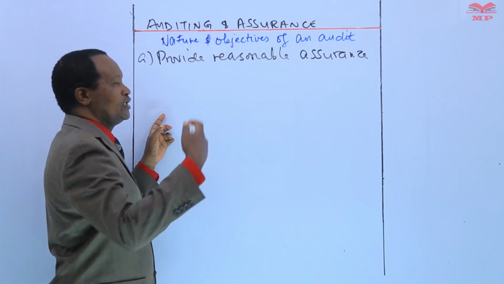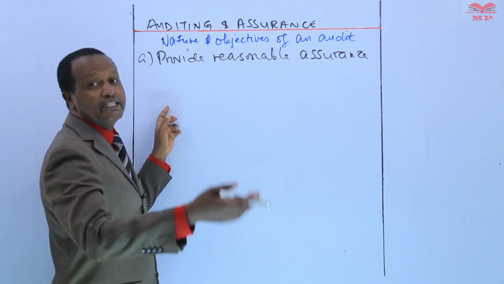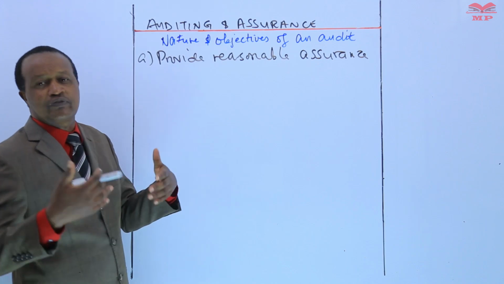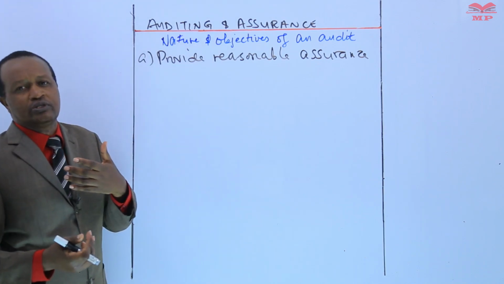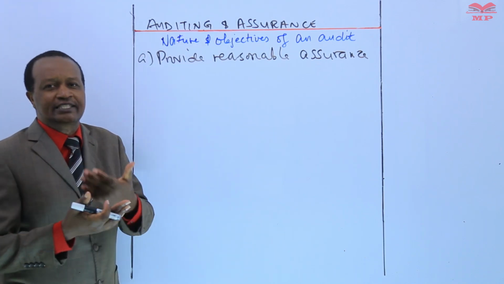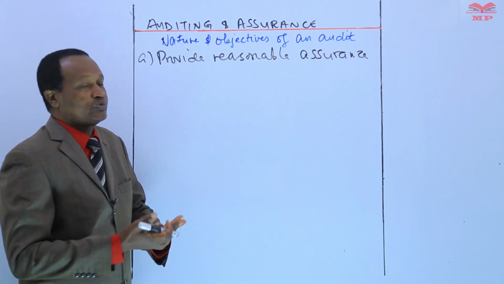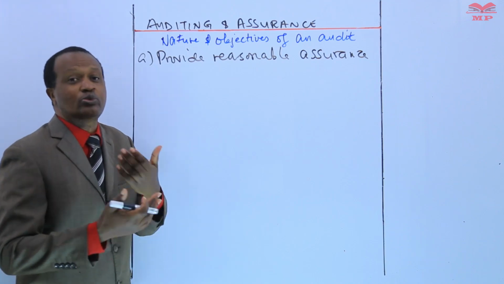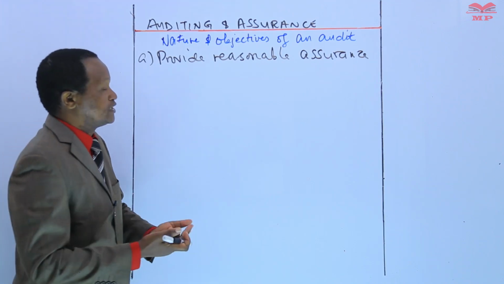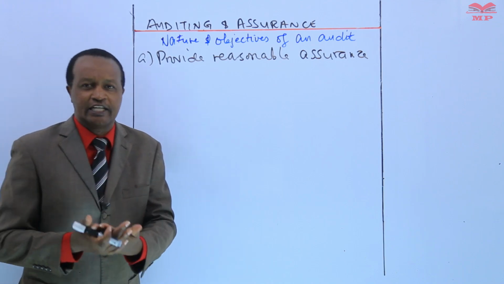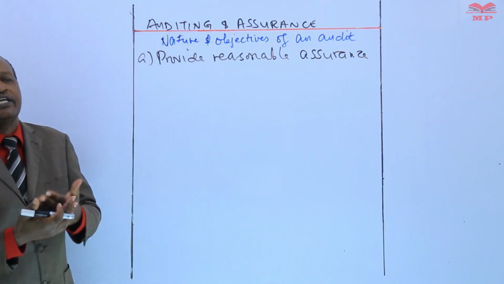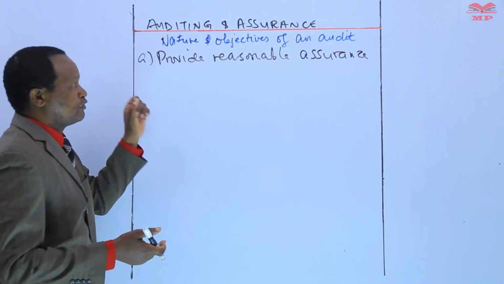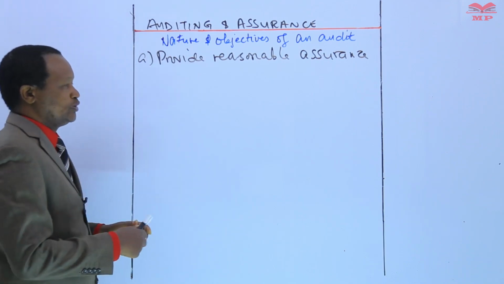So an auditor is required to examine the records, carry out tests, and carry out analysis of the financial statements, to gather sufficient evidence upon which he can form his opinion as to whether the financial statements presented are reliable, fair, and can be trusted by the stakeholders. So that is one primary objective of an audit, to provide reasonable assurance.